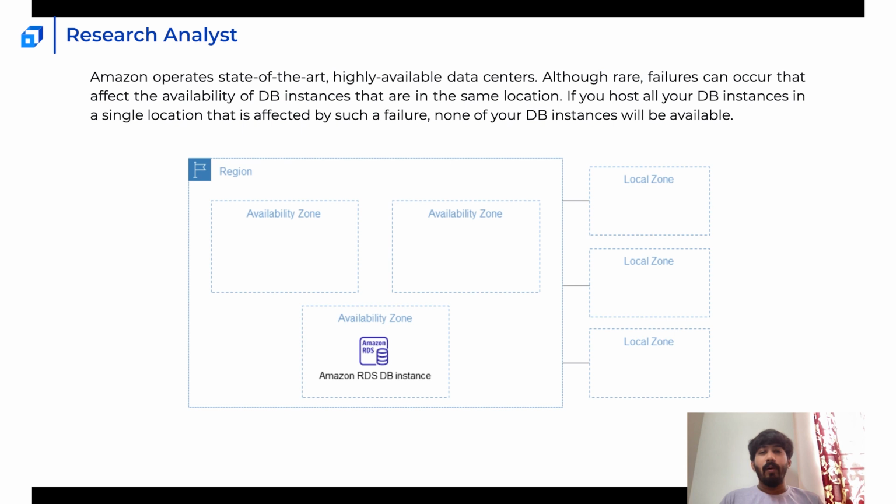Okay, so now we've seen the basic RDS concepts. Now, Amazon operates state-of-the-art high availability data centers. Data centers are basically the availability zones which AWS provides for you. Although rare, failures can occur that affect the availability of the database instances that are in the same location. For example, let's say you are launching database instances and you host all of them in the same location. If there is a failure in that particular availability zone, none of your database instances will be available.